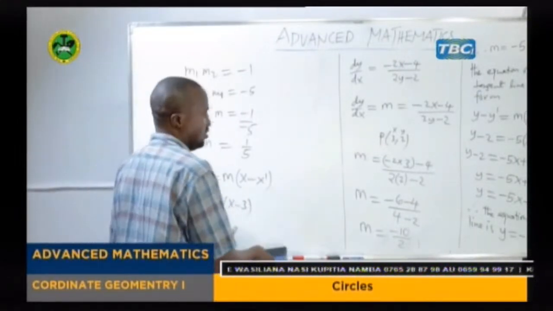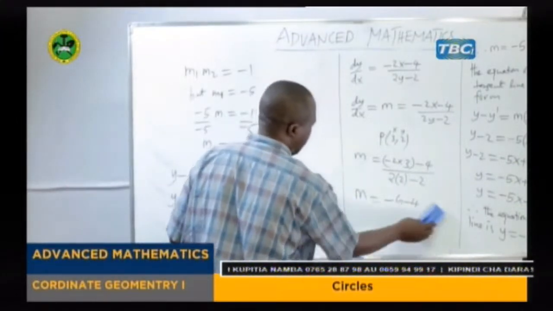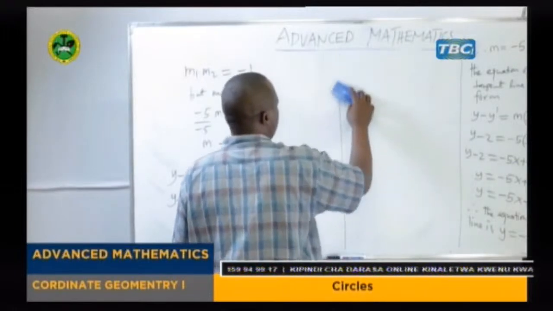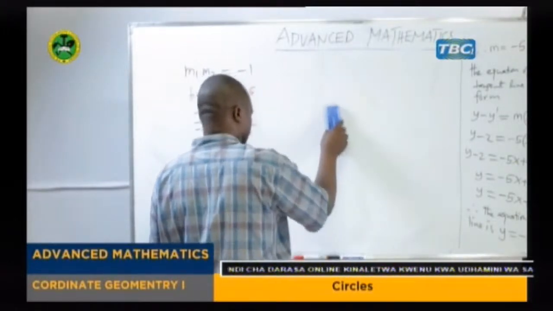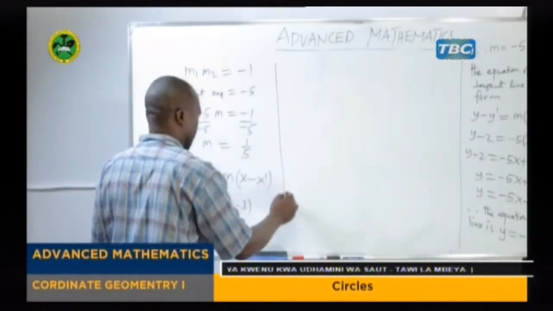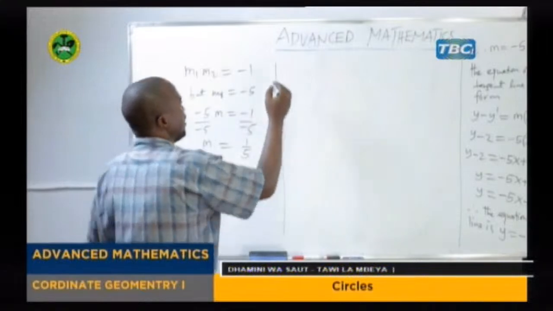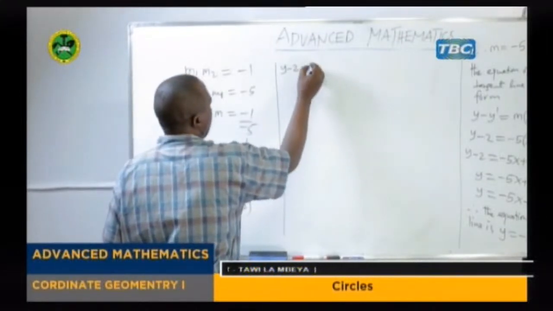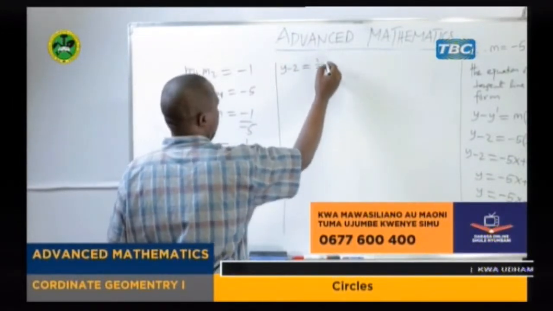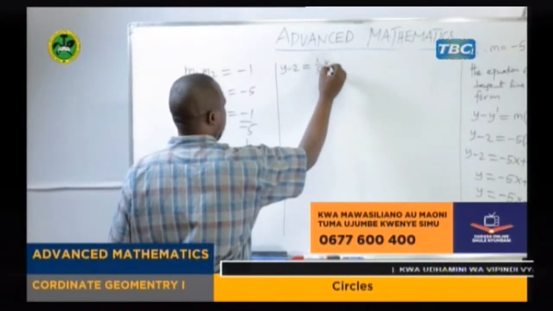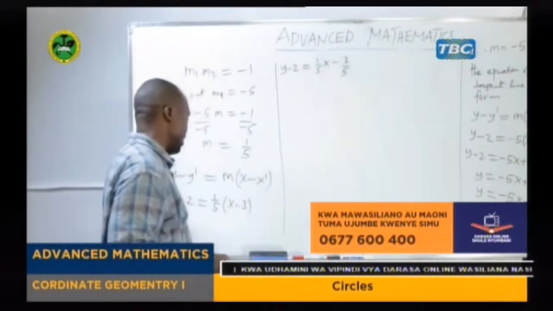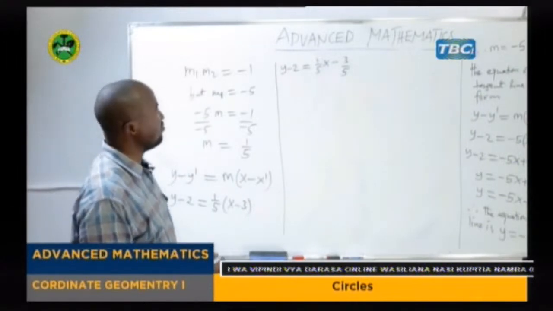So let us open up the bracket. So we are going to have y minus 2 is equal to 1/5 x minus 3/5. Just opening the bracket.